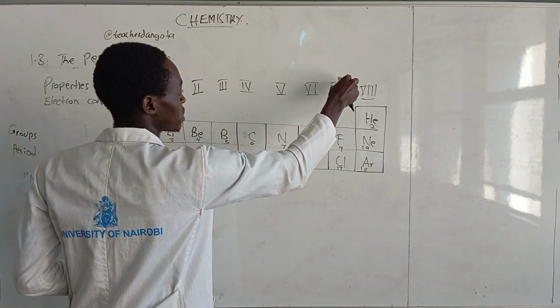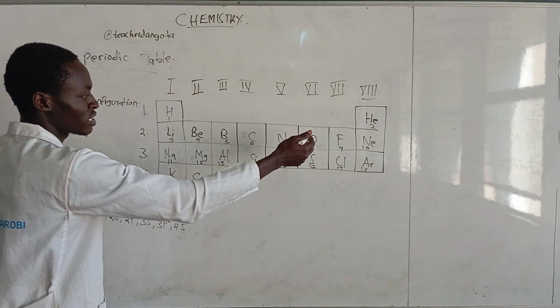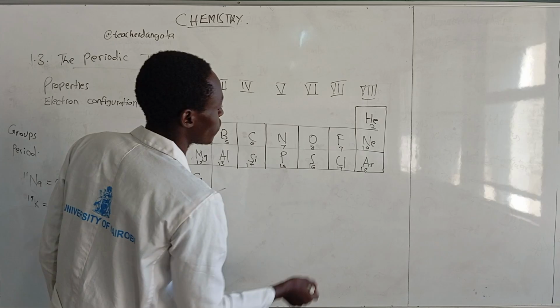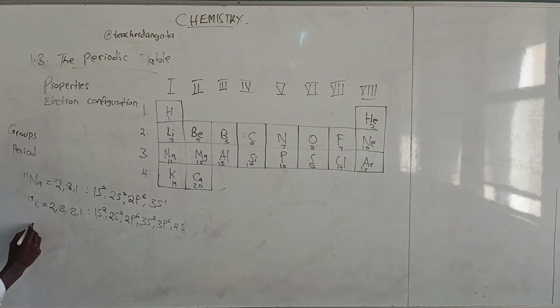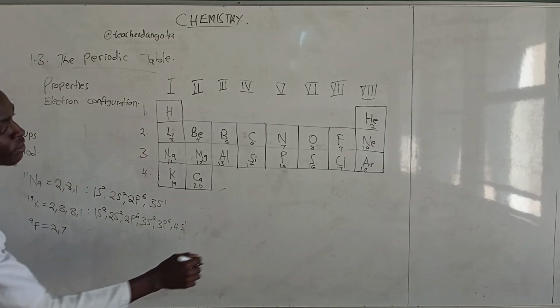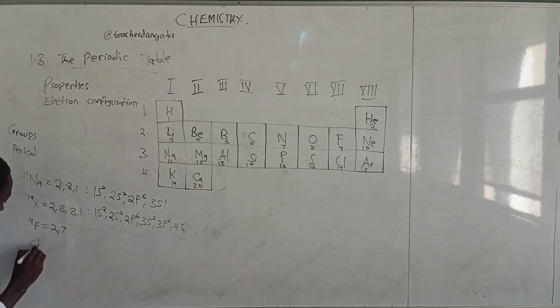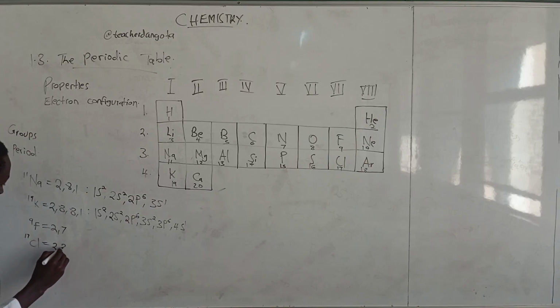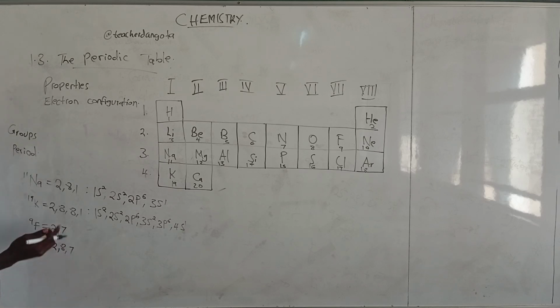You can also check on the elements in group 7 of the periodic table, that is fluorine and chlorine. Fluorine has an atomic number of 9. What is the configuration? 2, 7. Then we have chlorine that has 17. The atomic number 17 gives 2, 8, 7. You see there are 7 electrons in the outermost energy level, also 7 electrons in the outermost energy level.